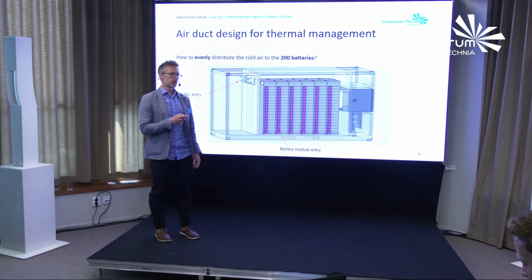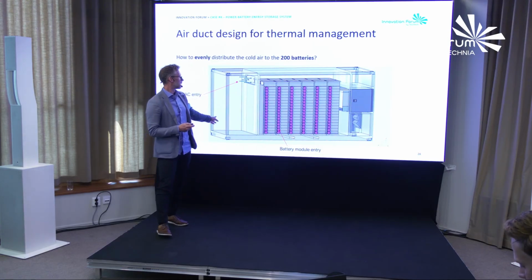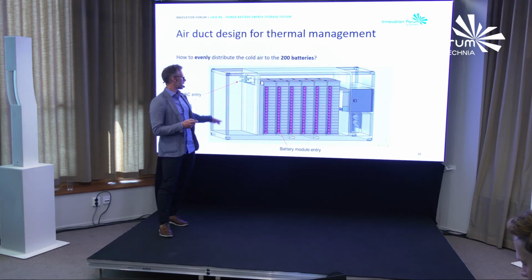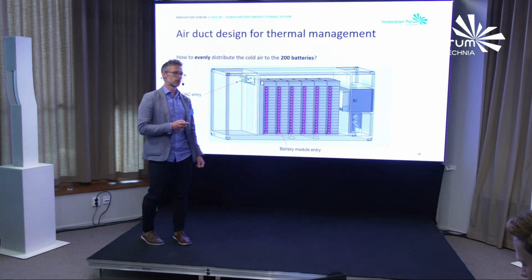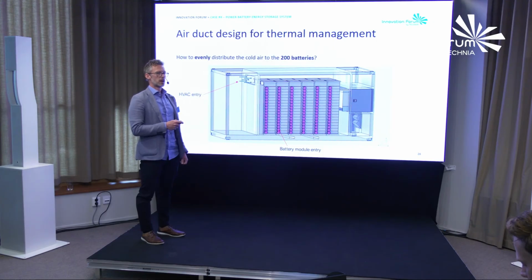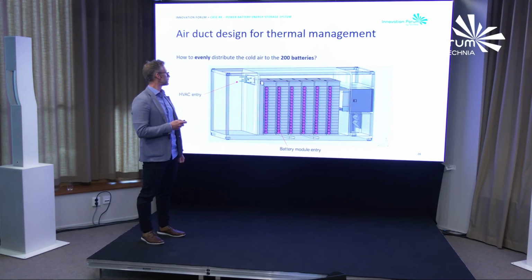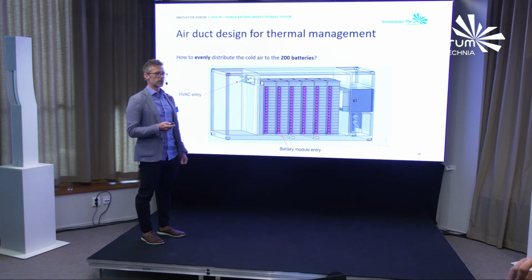On one side, we have the HVAC. And then we need to design how the duct should look like, because we need to have a sufficient cooling and also even cooling. All the batteries needs to be evenly cooled. So how should this duct then be designed?